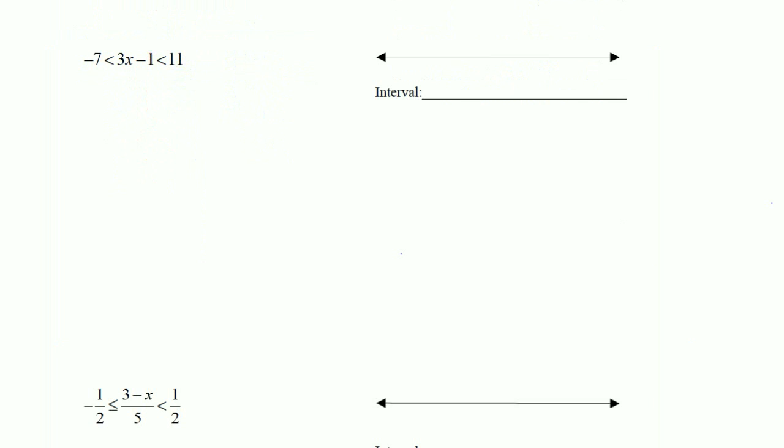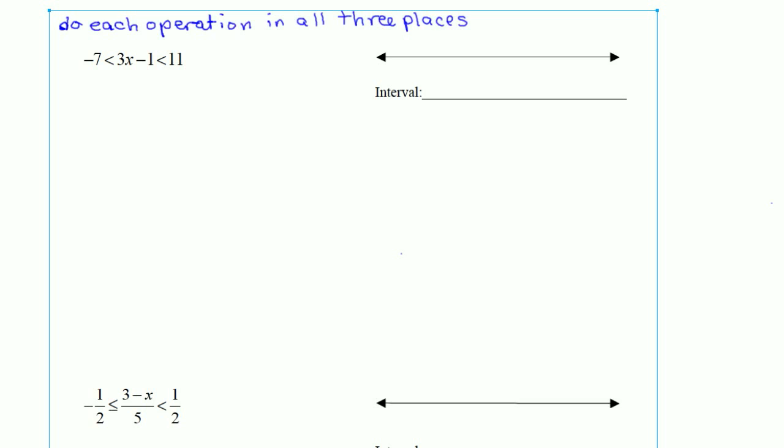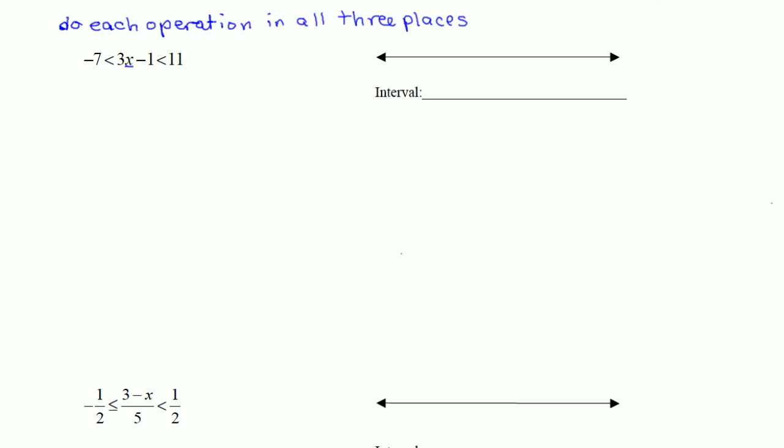Going on to our next two inequalities. These are both and statements because they're written in this compact form, but we don't have to break them apart into and statements and solve them individually. We can solve them in place as long as we do each operation in all 3 places. And what I mean by that is we're going to focus on getting this x alone.